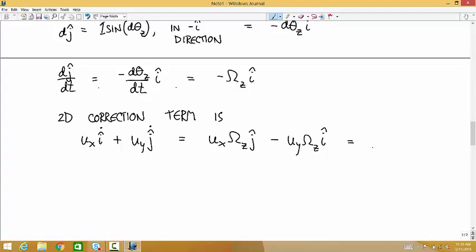And that's equal to this omega vector crossed with the u vector. So that simple form for the correction term comes from the relationship between those time derivatives of the coordinate axes and those infinitesimal angles. Okay.